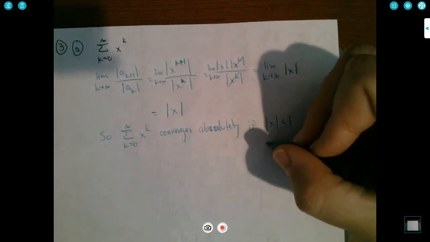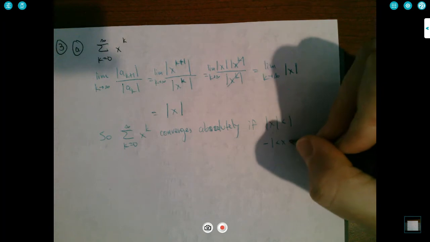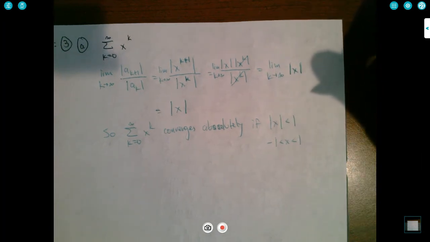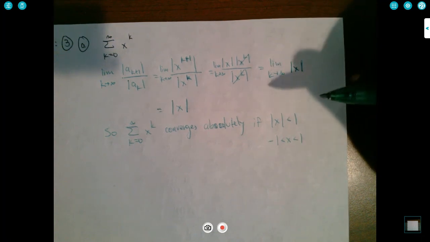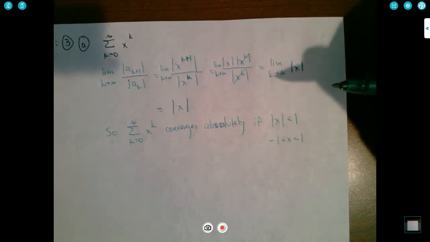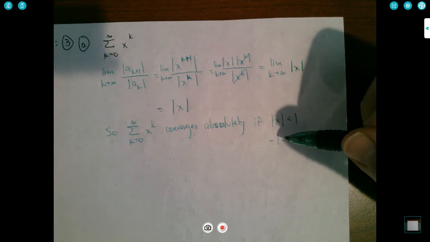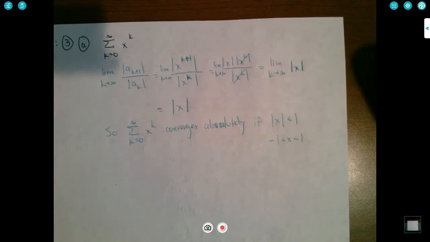By the way, that's the same thing as saying that x is between -1 and +1. But there's our interval. So it converges absolutely from -1 to +1. It's going to diverge if x is less than -1 or if x is greater than +1.